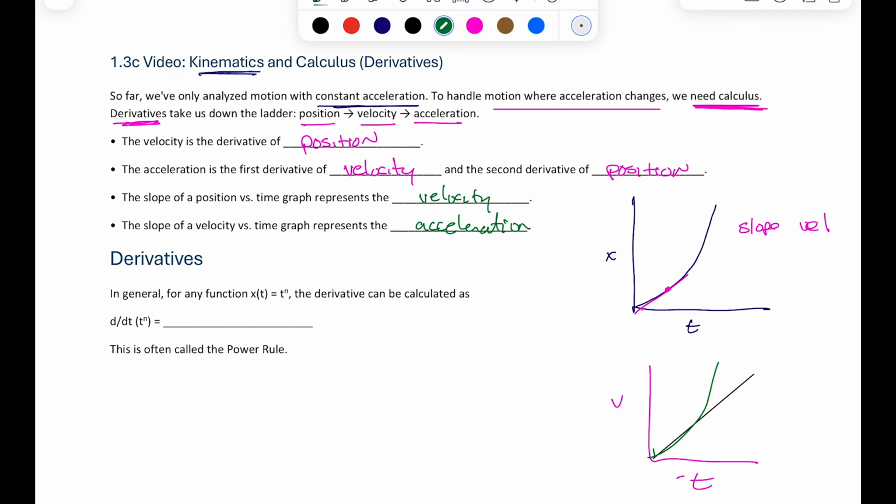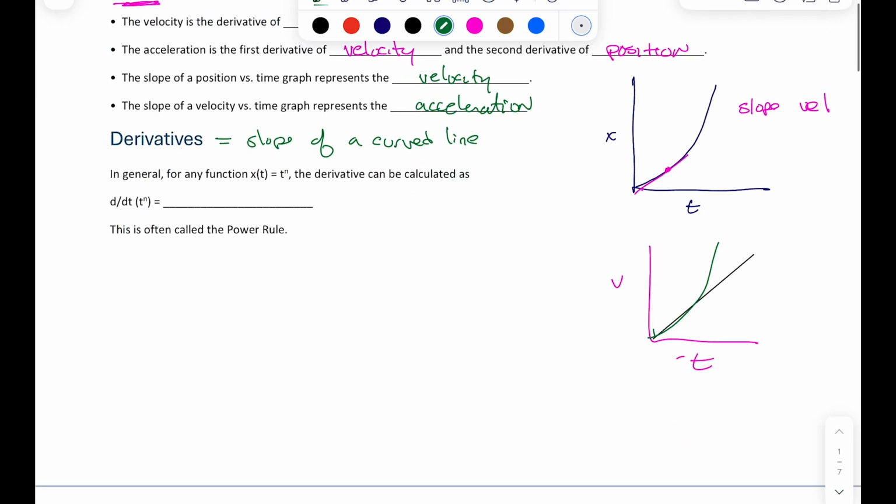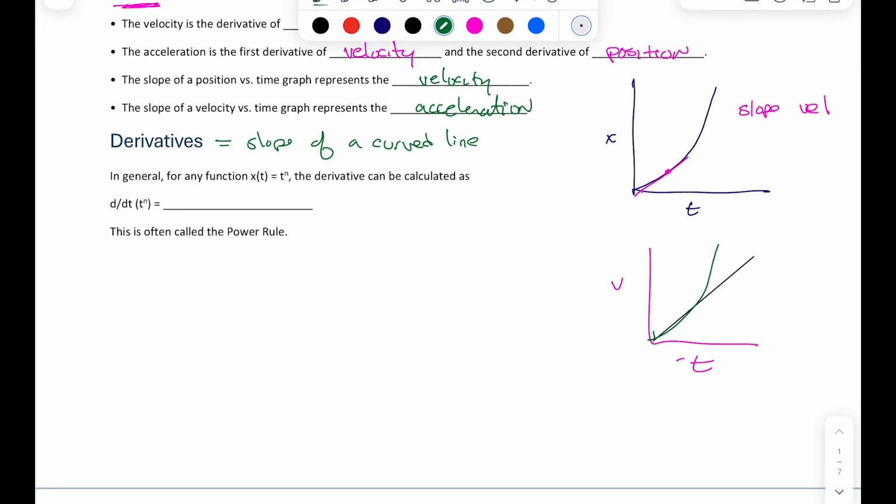So what is a derivative? A derivative is a slope of a curved line. Actually, of any line, really, but we use it when we have curvy lines where we know the equation. The derivative is always written like this.